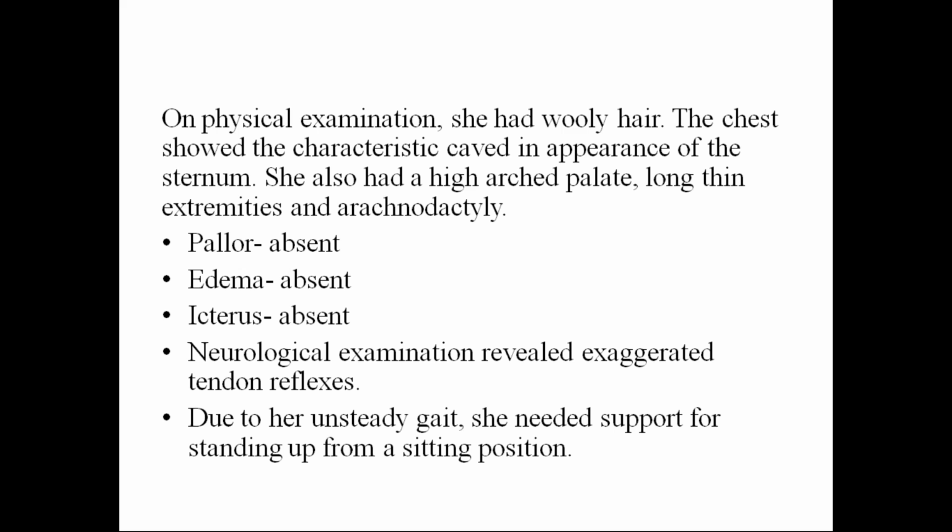The chest showed a characteristic gap in the appearance of the sternum, right? One of the findings is also a high arched palate along with thin extremities and arachnodactyly, spider-like fingers, right? These are all significant findings.